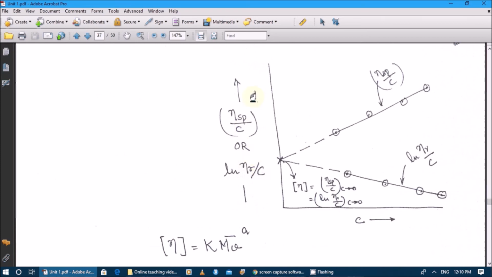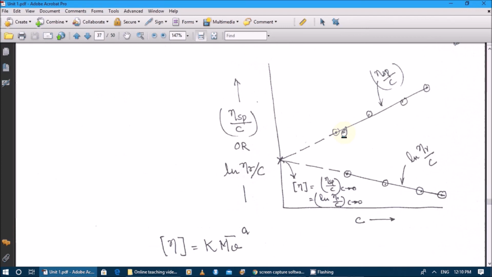They are plotted on the y-axis, and as usual, the x-axis is the concentration term. So my first curve, the upper curve, is the eta specific by concentration C, and the lower curve is ln eta R over C.